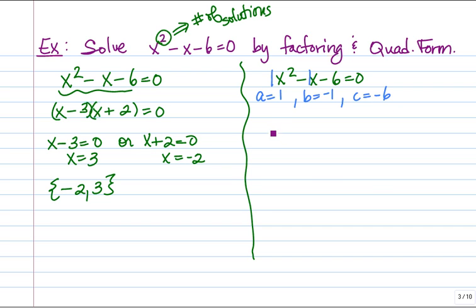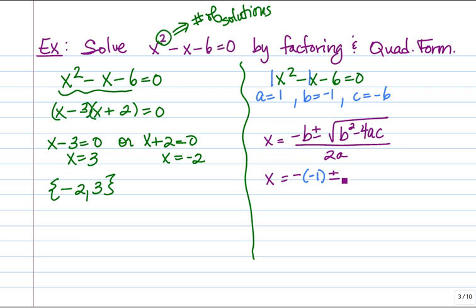So then we plug into x is equal to the opposite of b plus or minus the square root of b squared minus 4ac all over 2a. So we would have to do the opposite of -1 plus or minus the square root of -1 squared minus 4 times, what is a?